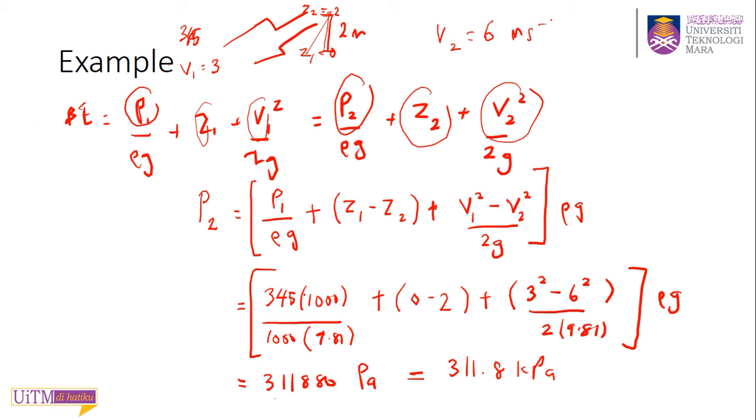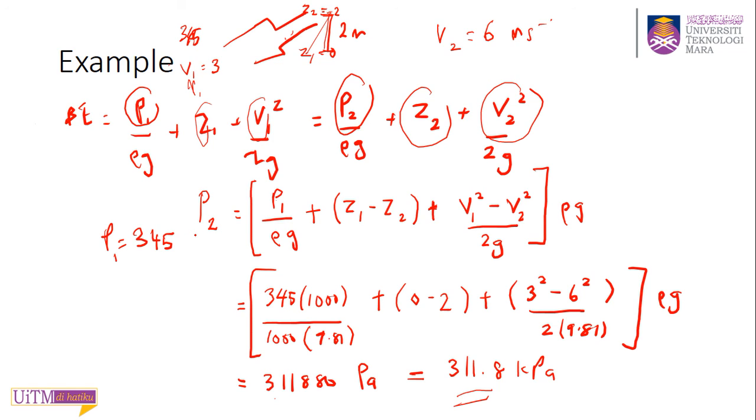If you can see, the pressure at point 1 is higher than the pressure at point 2. This is 311, right? Earlier, P1 was given as 345. That's the Bernoulli equation. Whenever the velocity is higher, you will create a lower pressure.